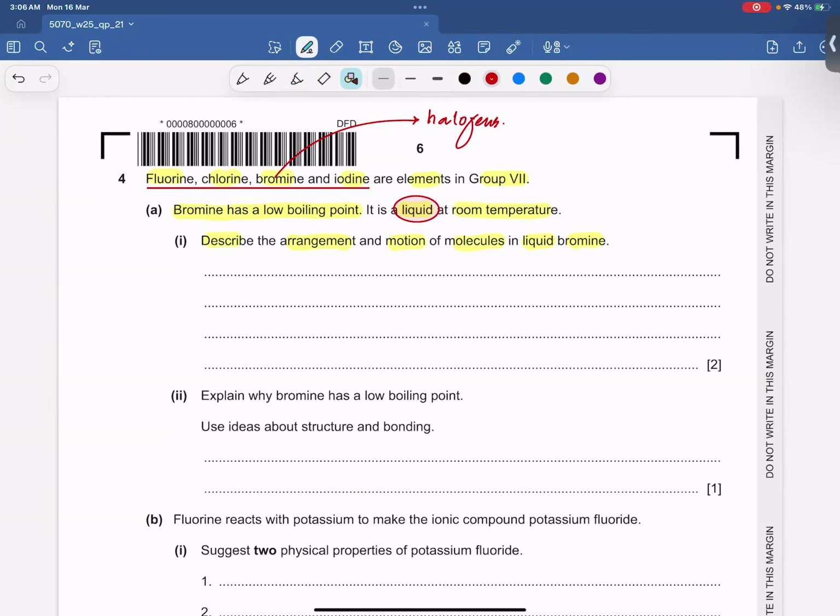And obviously, irregular, that's a tricky part.